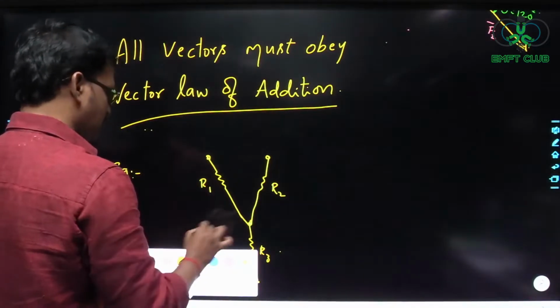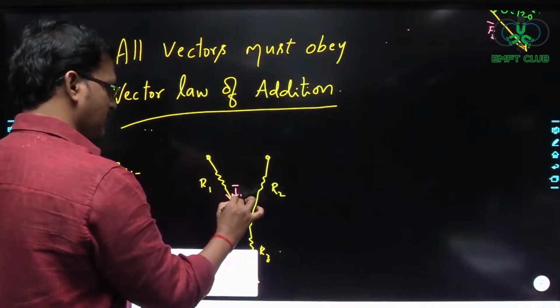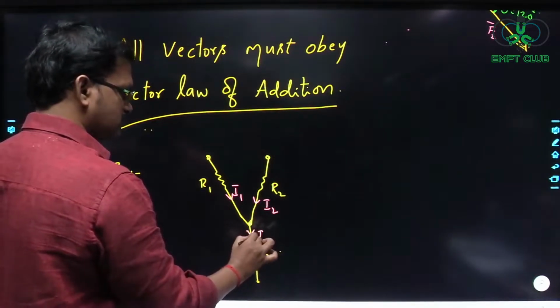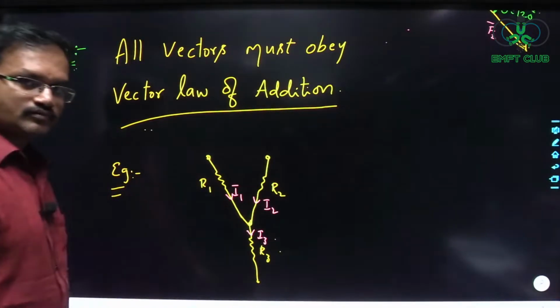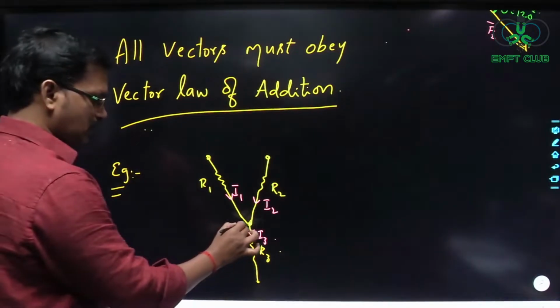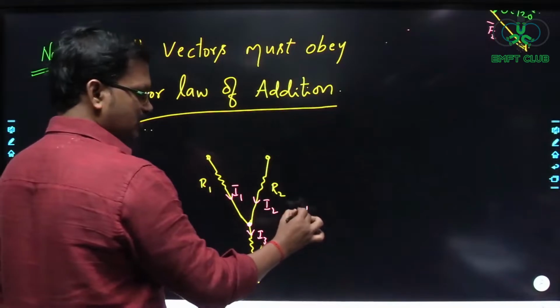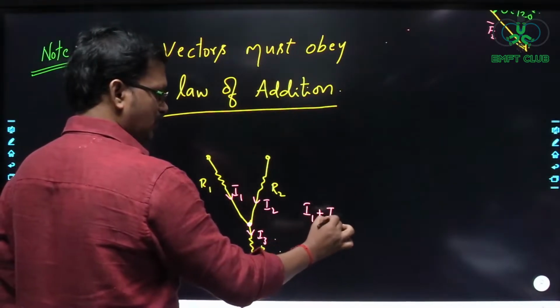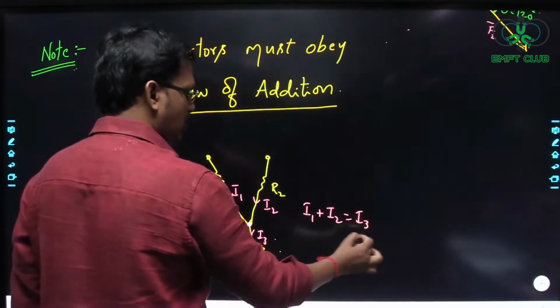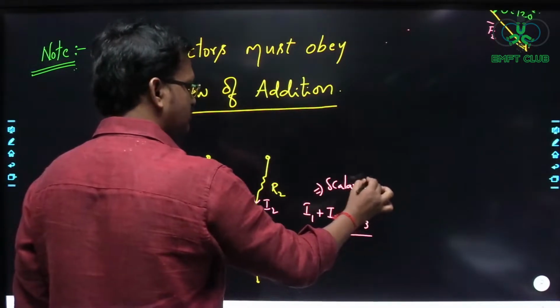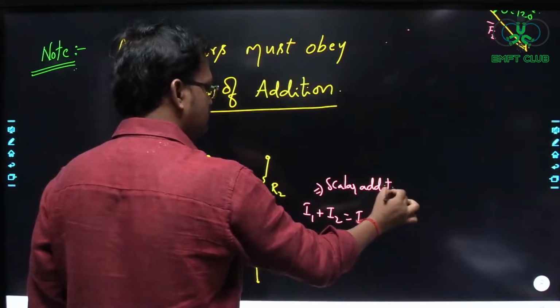Let us say the current flowing here is I1, the current flowing here is I2, and the current flowing here is I3. Now if you apply KCL at this node, what will you write? I1 plus I2 is equivalent to I3. This is just a scalar addition, isn't it? This is just a scalar addition.